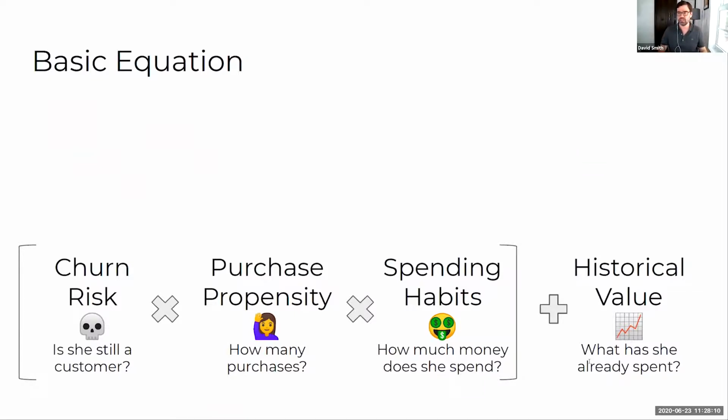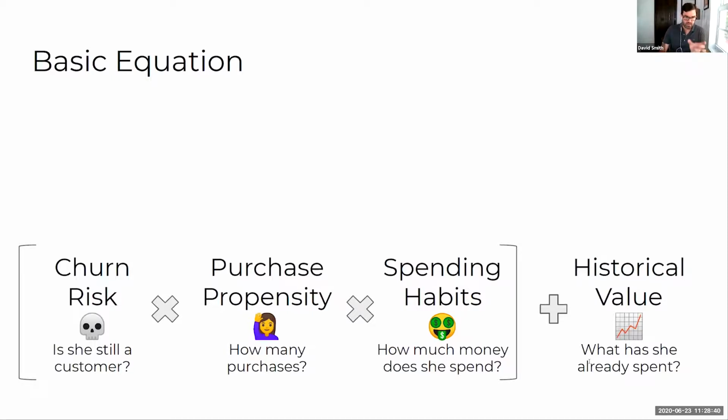Purchase propensity: how many purchases does she make when she is purchasing? And then spending habits: how much money does she spend when she's purchasing? If we can predict each of those things, those three together give us the future value of our customer. And we can add that to the historical value, what they've already spent. That's easy to calculate. And that gives us the overall number for customer lifetime value.